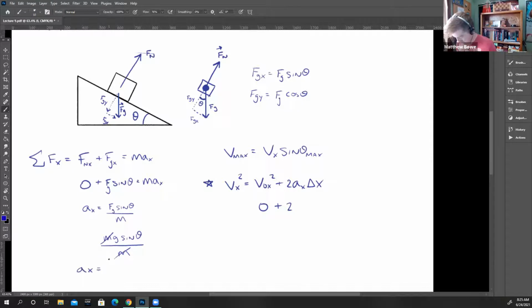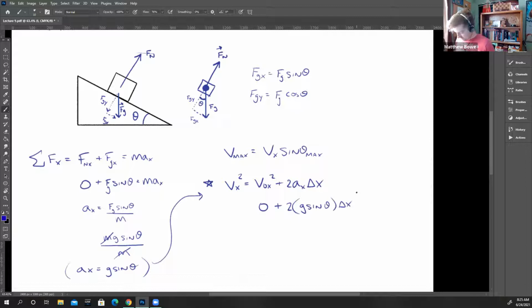So that's why we have this slightly more simplified version of that acceleration. Then this can go up there into the acceleration term. Okay, and that will be 2 times g sine theta times delta x.